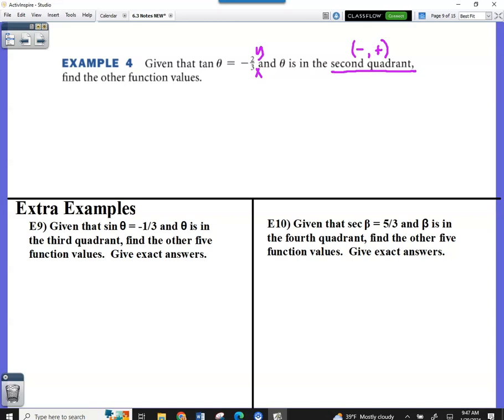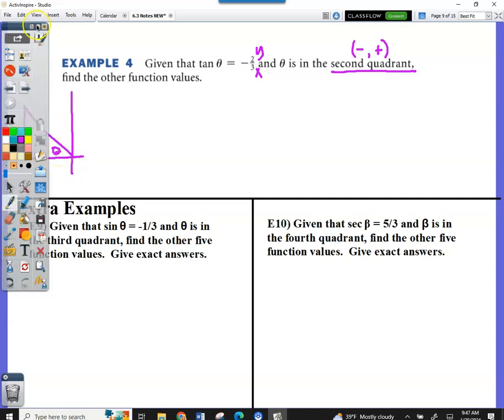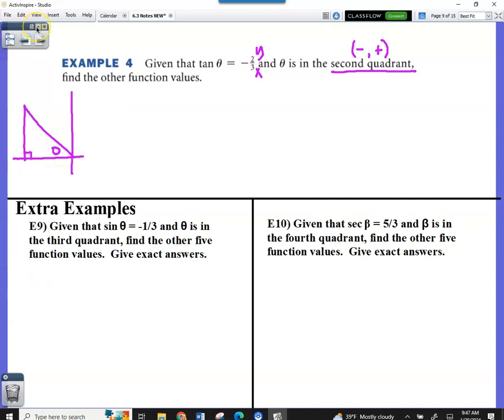And then I would draw my picture in quadrant 2. Bow tie, remember? There's theta. X is negative 3, y is positive 2. What do I have to find? Hypotenuse.